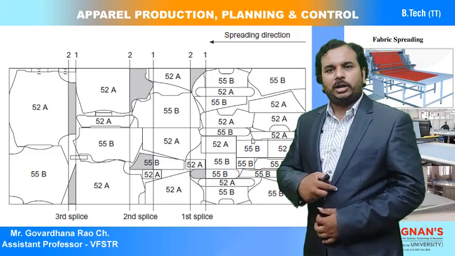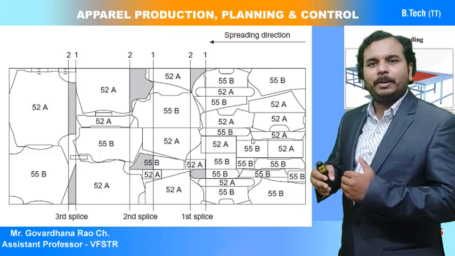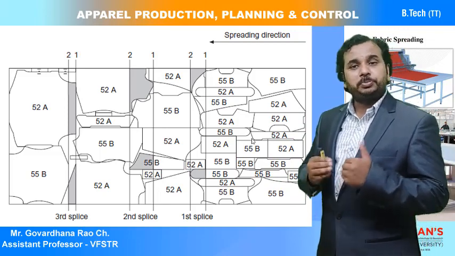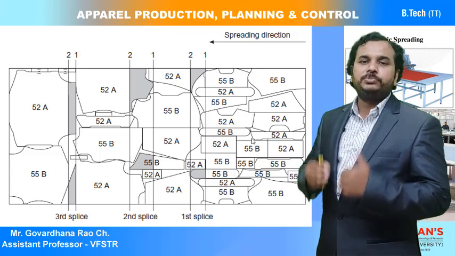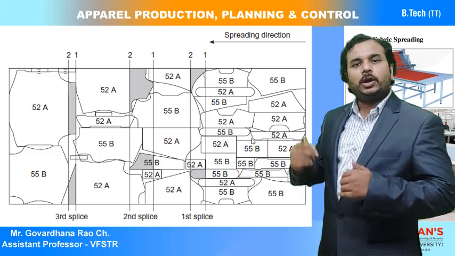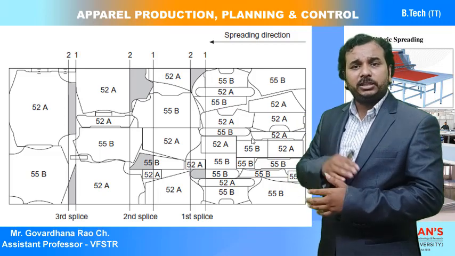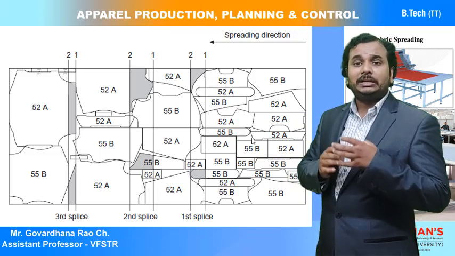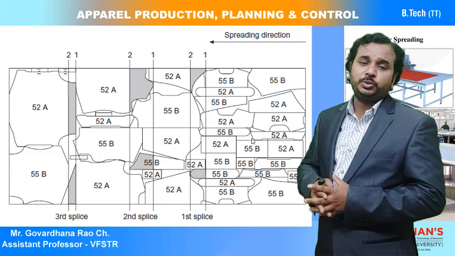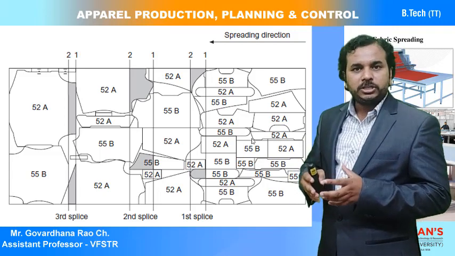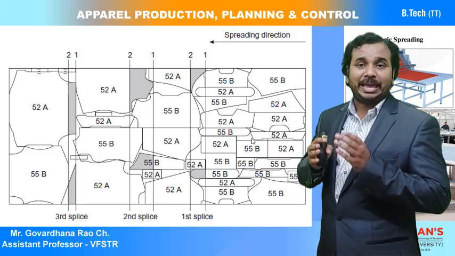To avoid that, we have splice marks on the marker. While spreading, if you observe any faults, you cut that particular area and overlap the fabric, so that the patterns you prepare for the sewing purpose come out exactly.